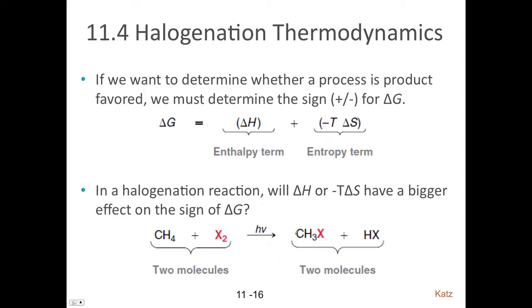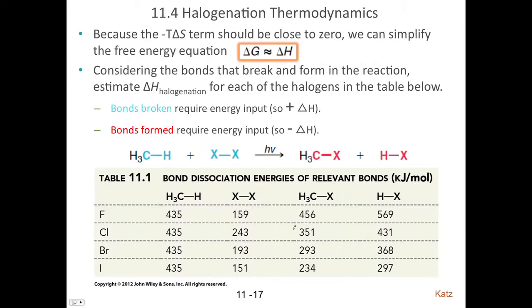We want to have a reaction given a minus sign right here, because if you have a minus sign, you have a negative enthalpy, which means it gives off some energy. So that's something that we really want to have, and that will make an exothermic process.